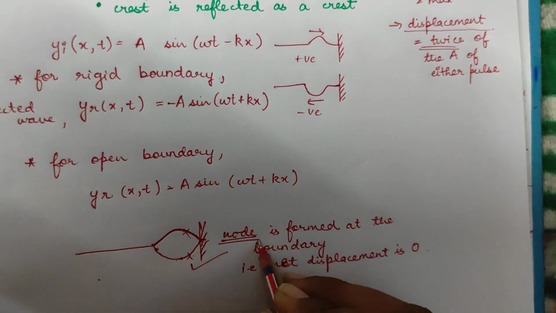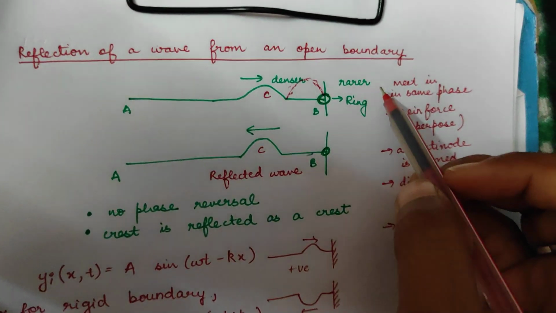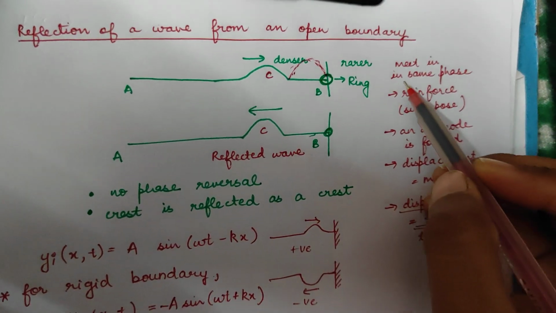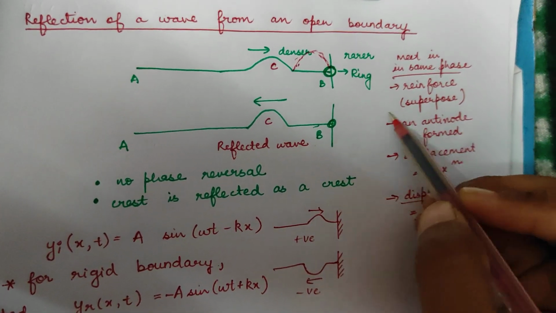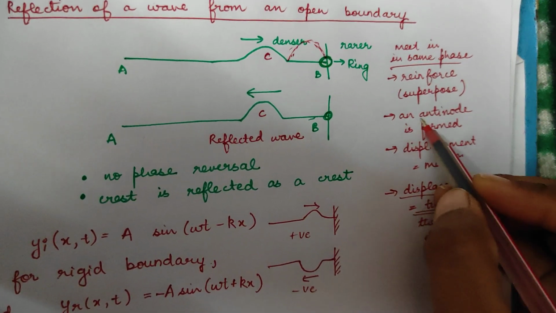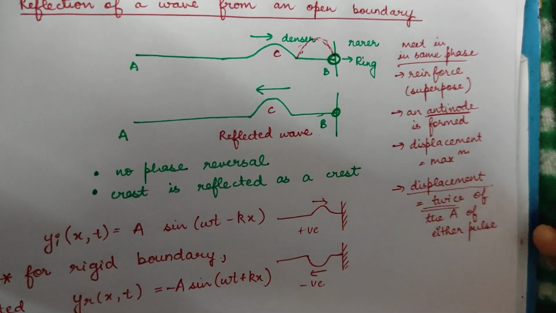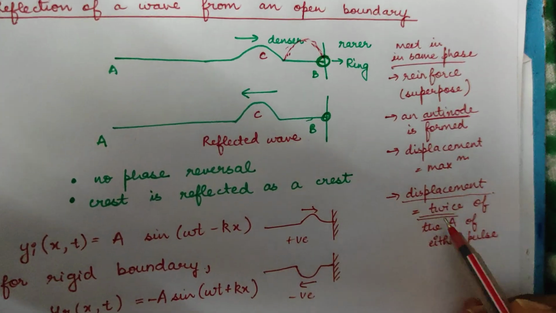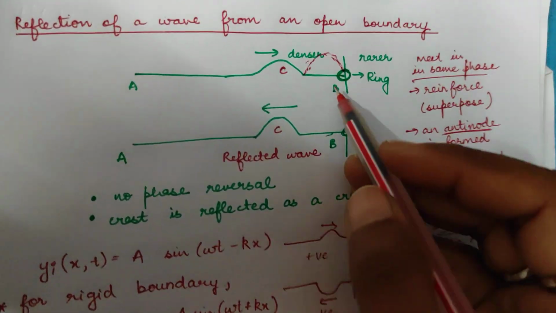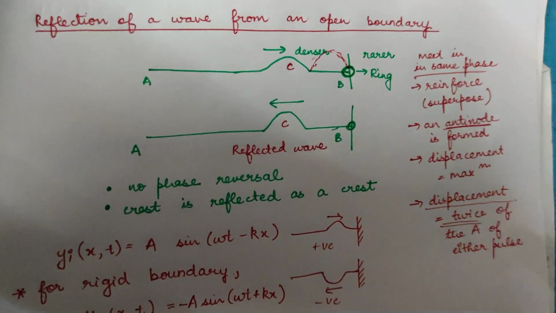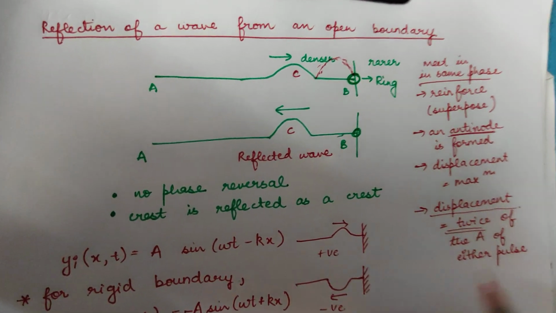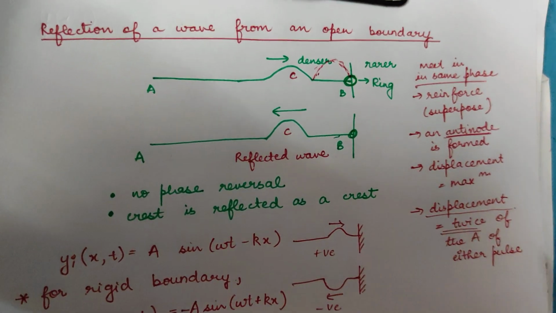Whereas in case of an open boundary, both the wave pulses meet in the same phase and they reinforce or superpose each other, and hence an antinode is formed, and the displacement in this case will be maximum, equal to twice the amplitude of either pulse. Okay, I hope this is clear to you. In the coming topics you will get more understanding about nodes and antinodes.